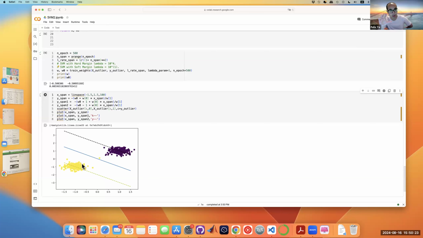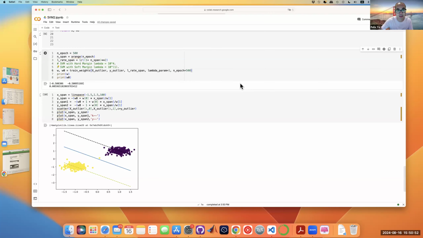So with the lambda equal to 1, a smaller lambda, I want to emphasize my margin to be bigger and bigger. So I can allow certain points to cross this margin boundary, and more points to cross the margin boundaries.